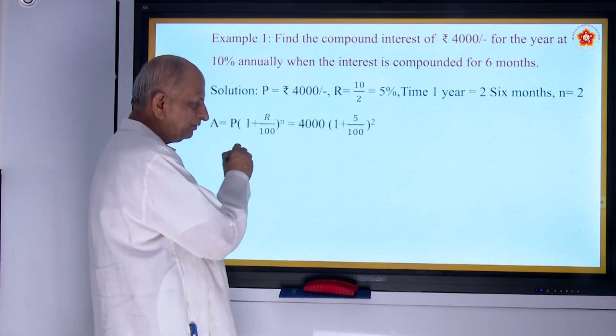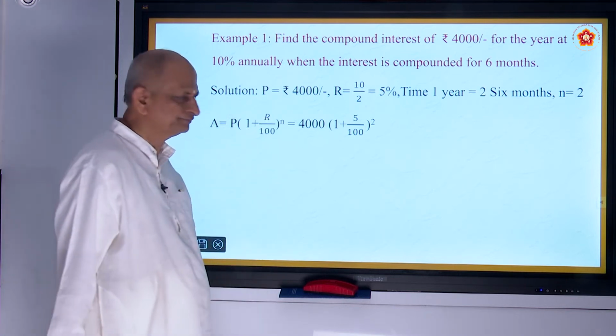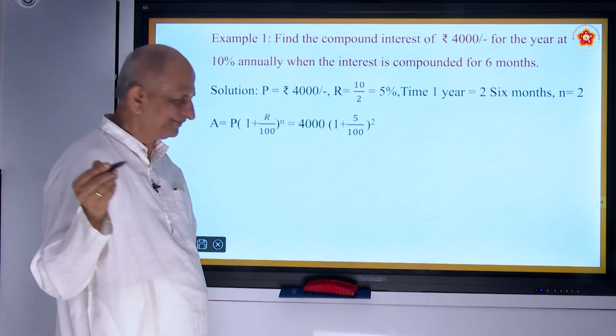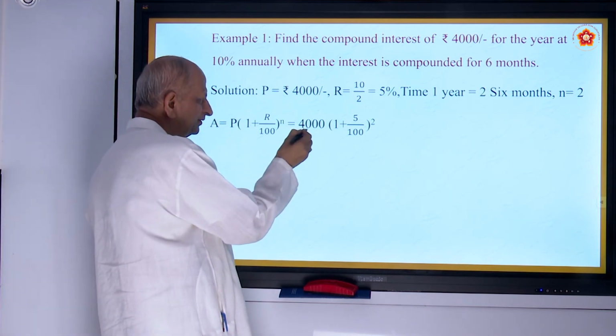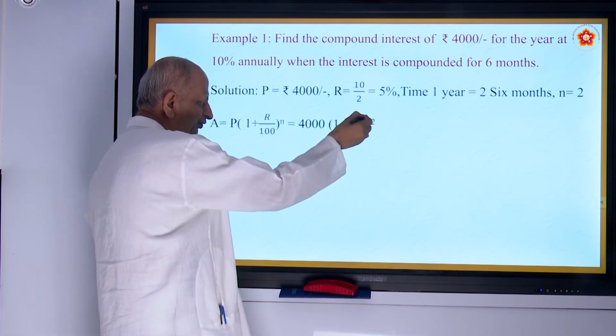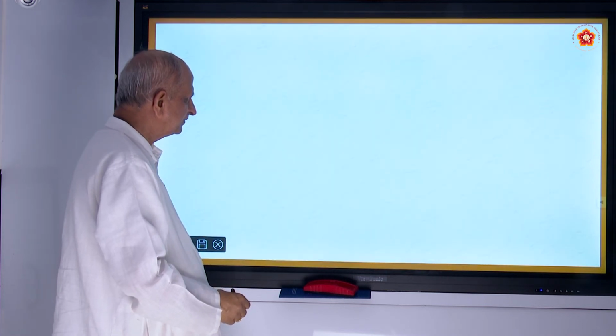So A is equal to P into 1 plus R by 100 to the power of n. Noting down? I learnt it already. So what is P? 4,000. 1 plus what is R? 5 by 100 squared. And if you simplify this, how much does it come to?